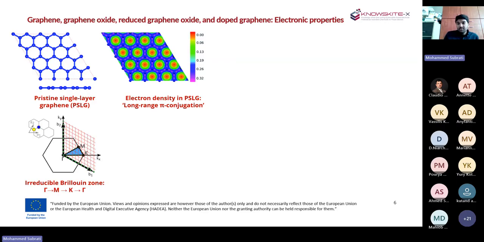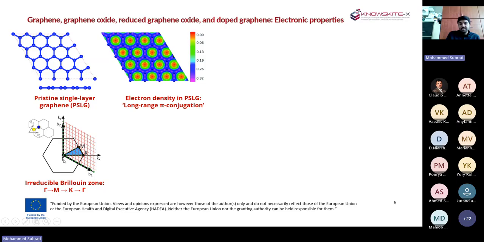we have to examine its band structure. As you can see at the bottom, on the top left, you have the unit cell in the real space of a single-layer graphene, and the big hexagon is basically the unit cell in the reciprocal space, which is known as the Brillouin zone, which is highly symmetrical, and it's made of multiple non-symmetric or irreducible Brillouin zones.